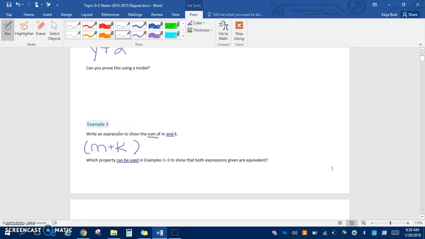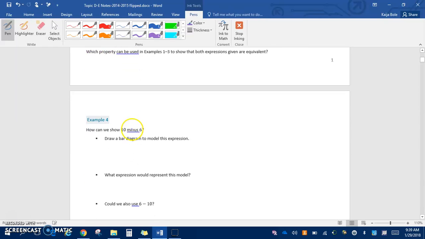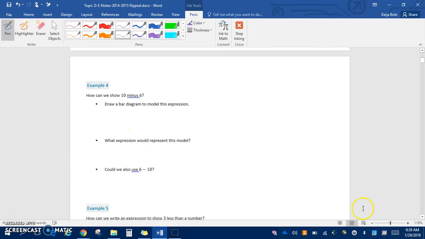Alright. Go ahead and flip over to the next page where it says, how can we show 10 minus 6? So we're not going to draw a bar diagram, but we're just going to write it using symbols. So this would just be 10 minus 6. And then they ask, could we also use 6 minus 10?